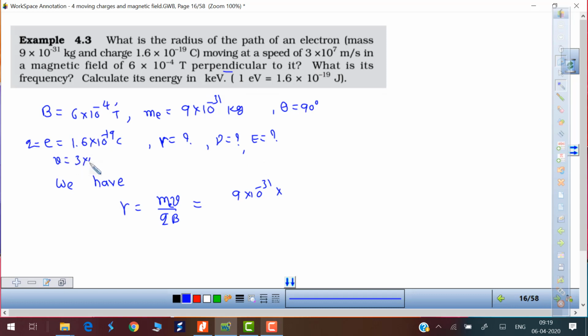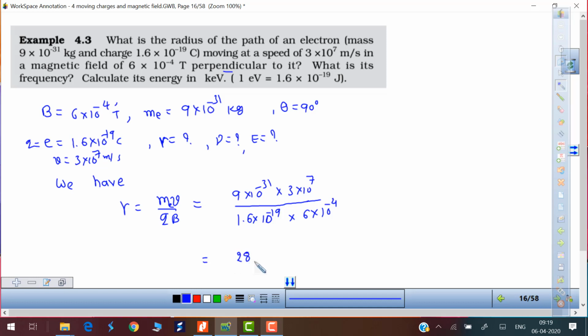Velocity is equal to 3 into 10 raised to 7 meter per second. So 3 into 10 raised to 7 divided by charge of the electron 1.6 into 10 raised to minus 19 into magnetic field is 6 into 10 raised to minus 4 Tesla. So you do simplification with your calci.